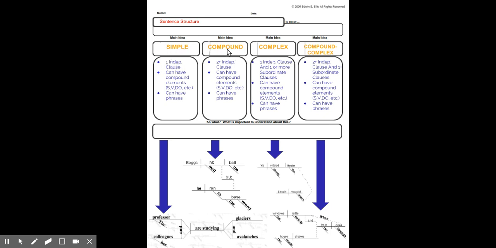We have a compound structure, that's 2 independent clauses, no dependent clauses. We have a complex, that's where you have no more than one independent clause, but you can have several subordinate clauses. And then the compound complex puts these 2 together. So 2 independent clauses and 1 or more subordinate clauses. And that's what you learned today.